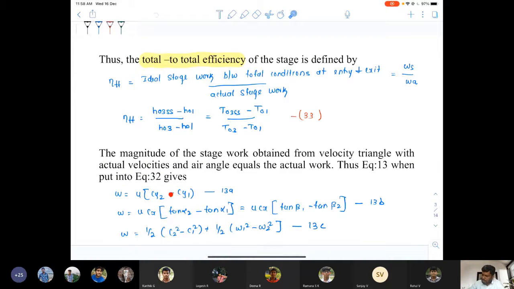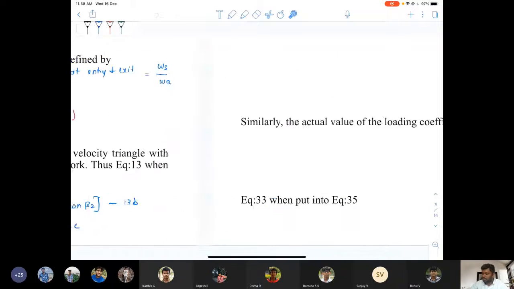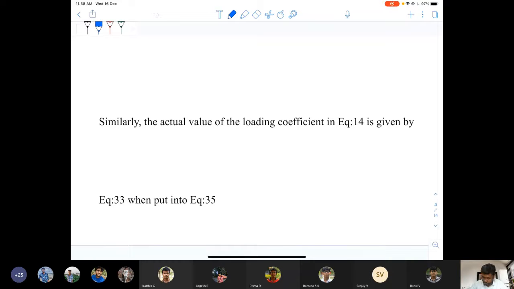Now, if you substitute this equation into equation number 32, you will get h03 minus h01 is equal to U into Cy2 minus Cy1.